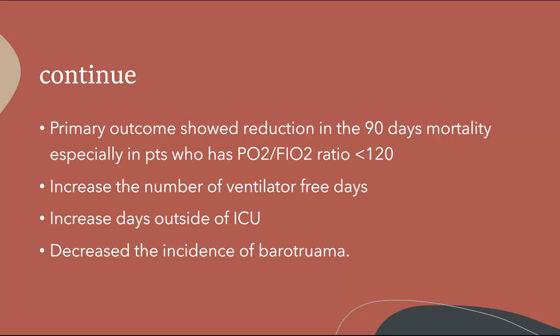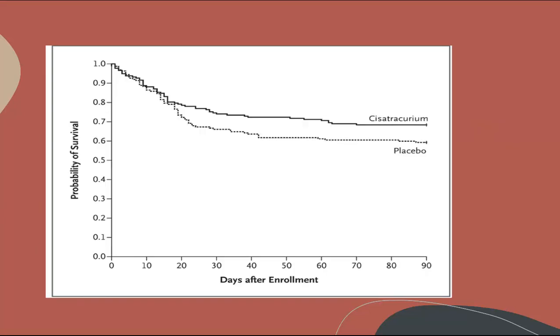So the primary outcome was 90-day mortality. The initial result of the study was no mortality benefit, but when they adjusted for other factors, including the study site and a PaO2/FiO2 ratio less than 120, they found some mortality benefit at 90 days. They also found an increased number of ventilator-free days, earlier discharge from ICU, and a low incidence of barotrauma.